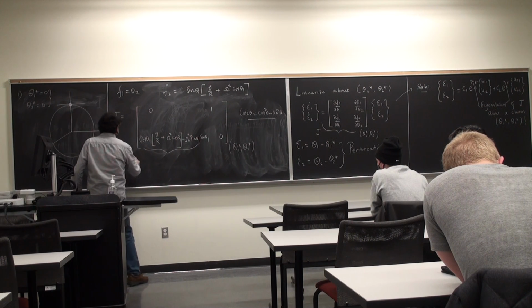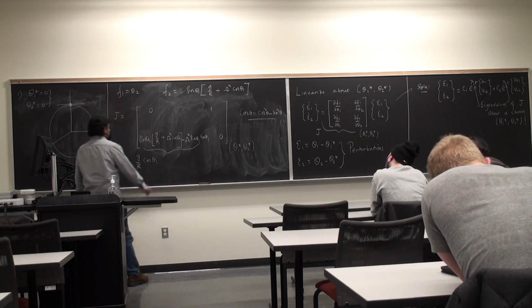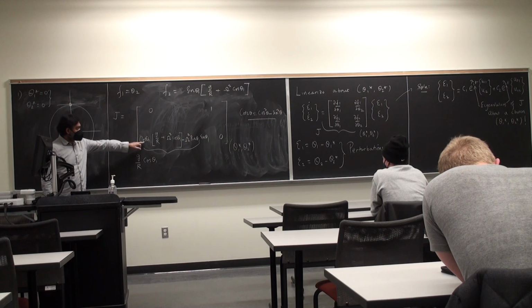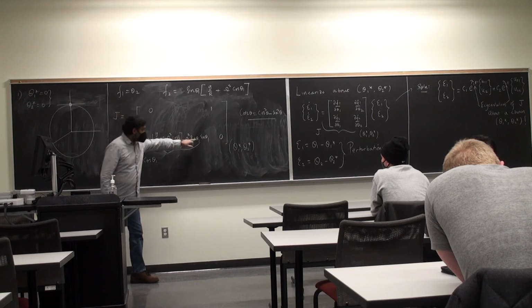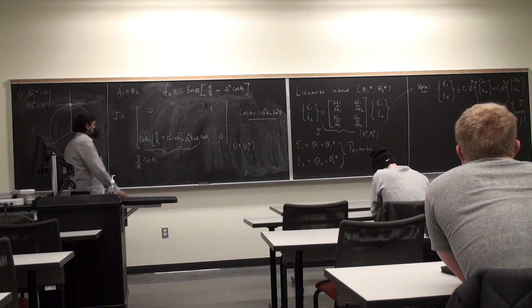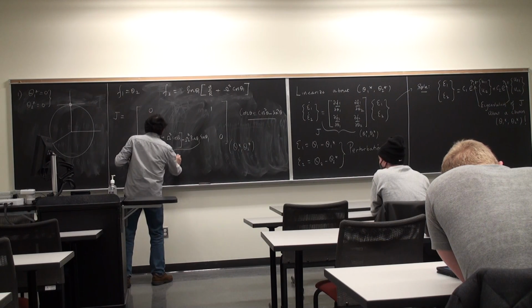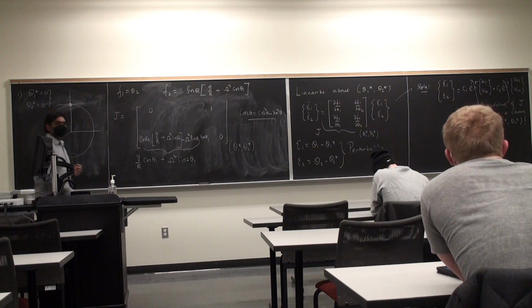So this is going to be g by r cosine theta 1 plus omega square as a common factor times cosine 2 theta.